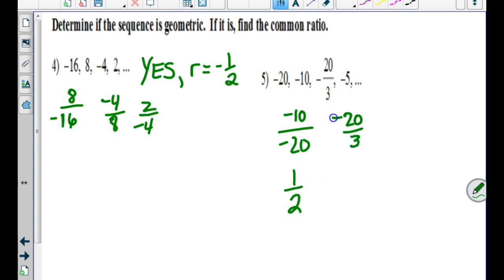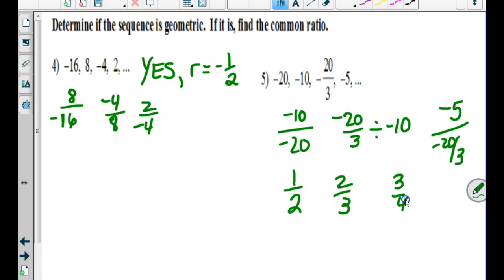Negative 20/3 divided by negative 10 would be 2/3, I think. Is anybody typing that? Okay. And negative 5 divided by negative 20/3, that's times 3/4 maybe? Is that what that one came out? Yeah, no. It's just a no.